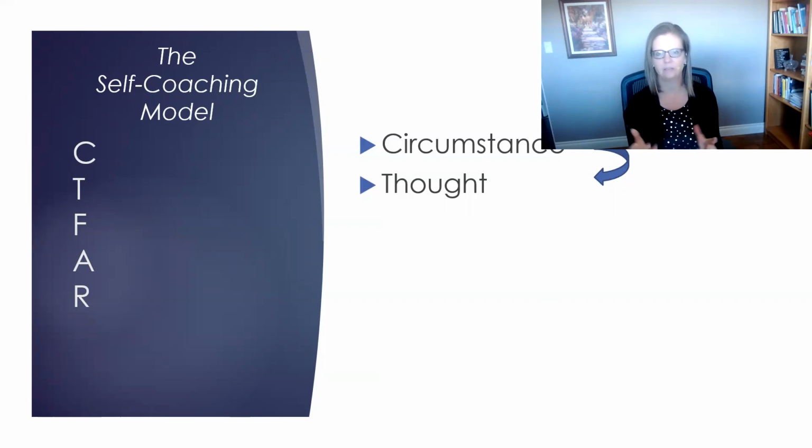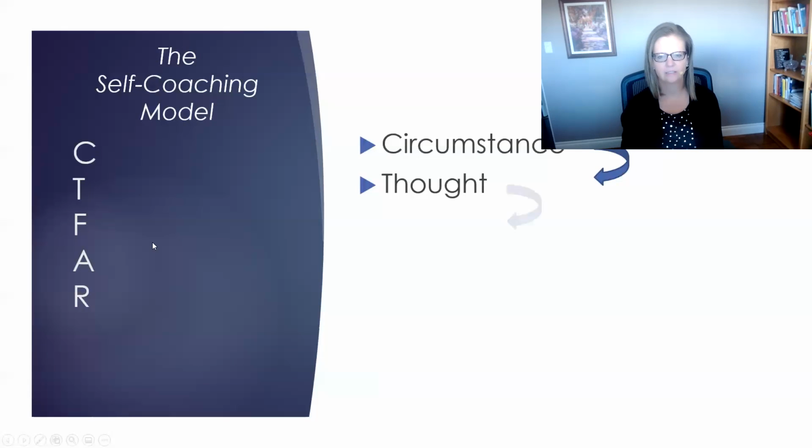I should get something to eat, basically, is my thought. So what happens over time is that when we have the same thought around the same circumstance over and over and over again, that's the definition of a habit. Basically a habitual thought pattern, and it can become so habitual that we're not even conscious of the thought anymore.